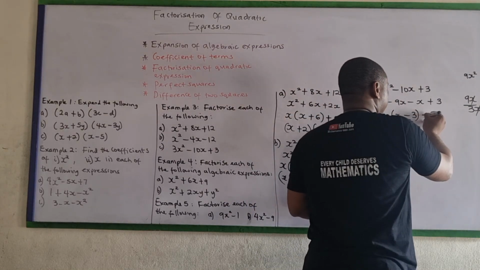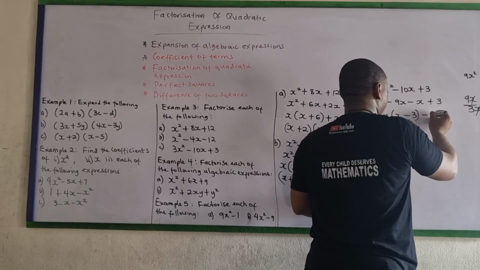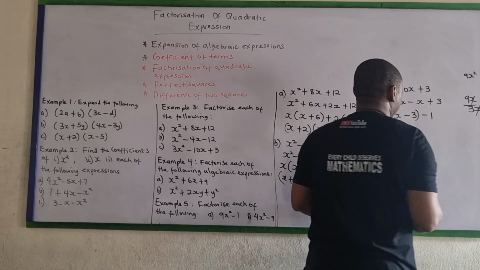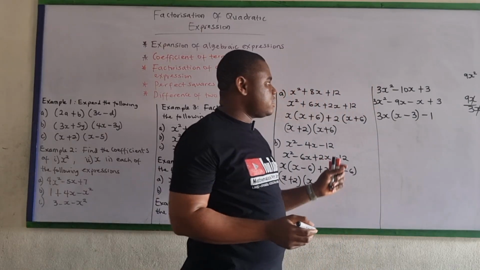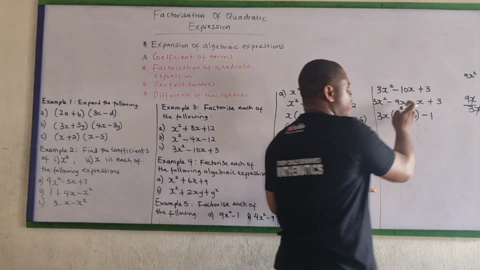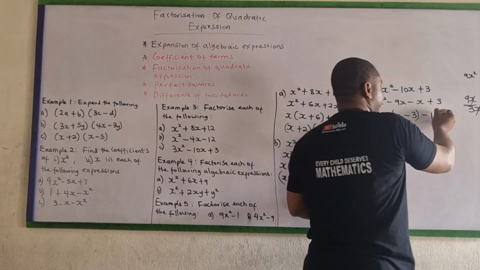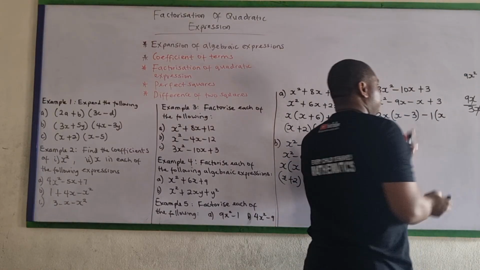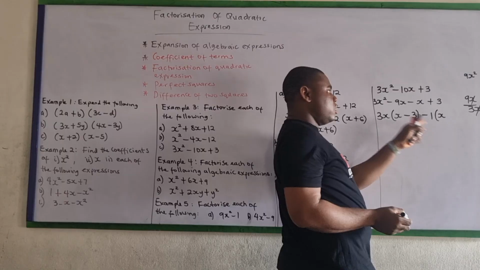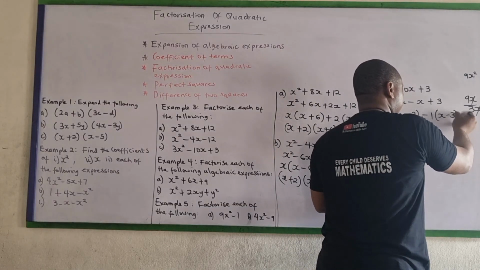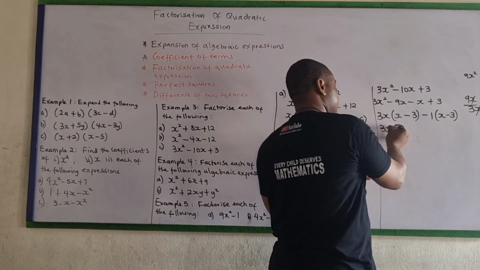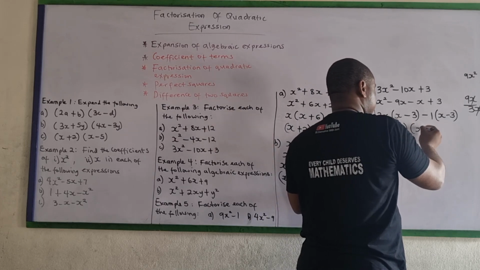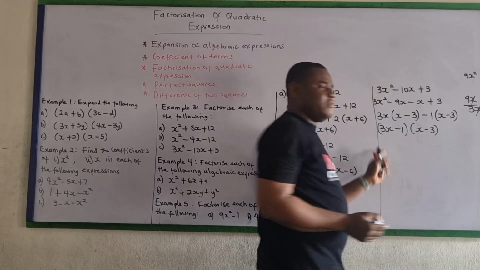We have minus 1. Minus 1 is common between these two. So I'll be left with what? Minus x divided by minus 1 gives me x, plus 3 divided by minus 1 gives me the minus 3. So I'll be left with 3x minus 1, x minus 3. That's the final answer.